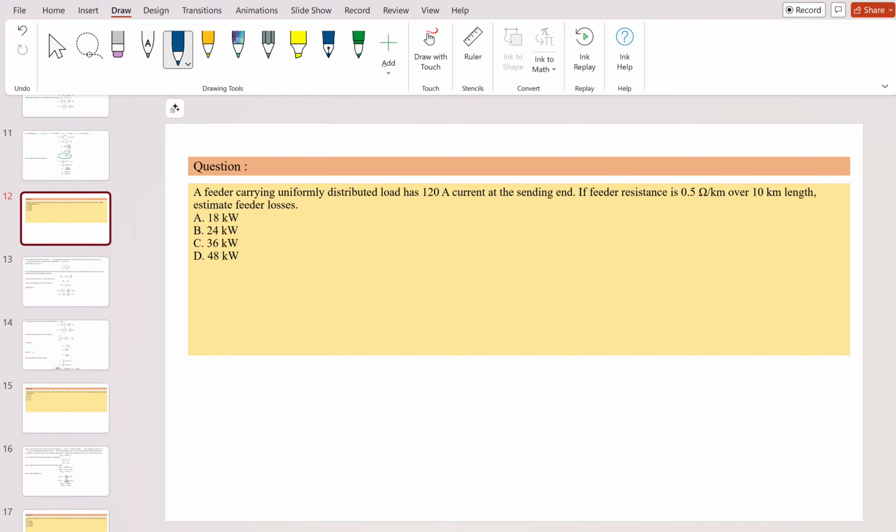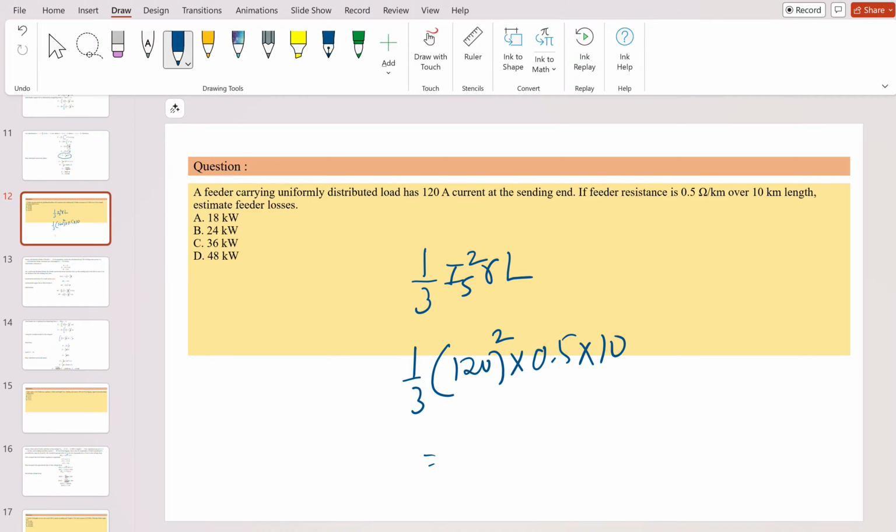Okay, that is easy enough to solve, because we already know Is square rl. So it will be 1 by 3, 120 square multiplied by r, which is 0.5, multiplied by 10. 1 by 20 divided by 3, that comes out to be 12.